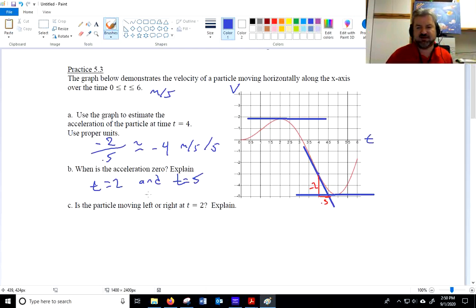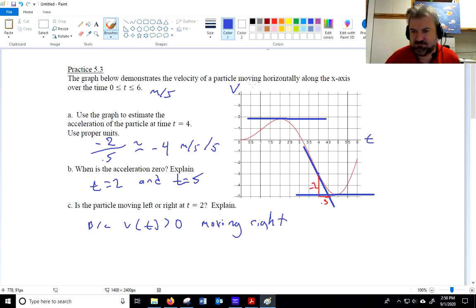Is the particle moving left or right at t equals 2? Well, is the velocity positive? So because velocity is greater than 0, we must be moving to the right, towards positive. And that's just kind of conventional. Usually they'll tell you the particle is moving along the x-axis, this puts its position.